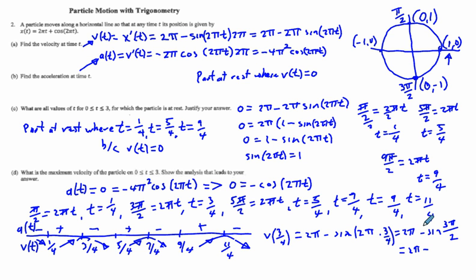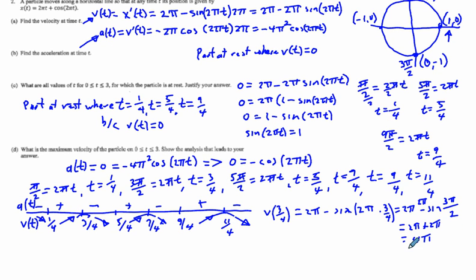It's going to be 2 pi times that out front. So 2 pi times the sine, that's going to be 1, and negative 1, so it's going to be positive 2 pi. So our answer for this is going to be 4 pi. That's going to be our maximum velocity on this interval, 4 pi.